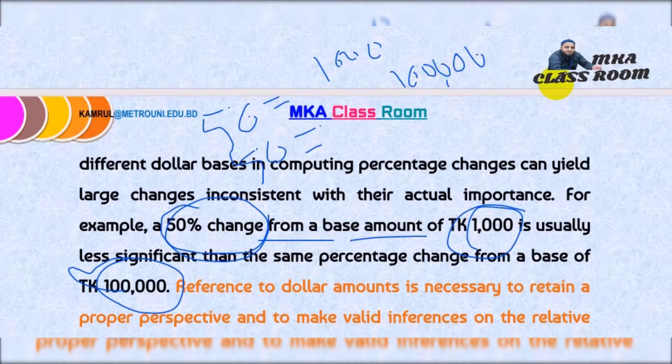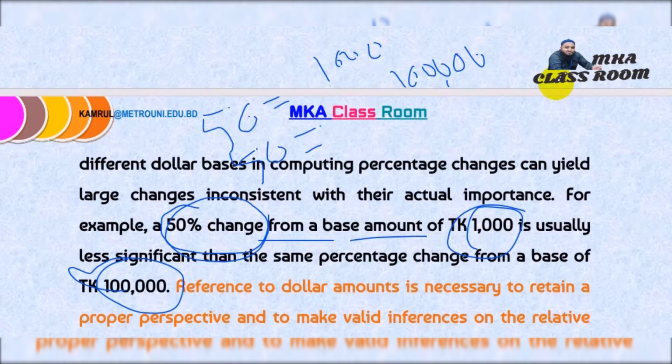That's why absolute dollar amount is very important for comparison, and it is shown by year to year analysis, or comparative analysis, or horizontal analysis. So these two are both 50%, but the absolute dollar is different.